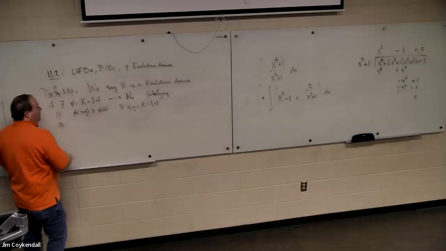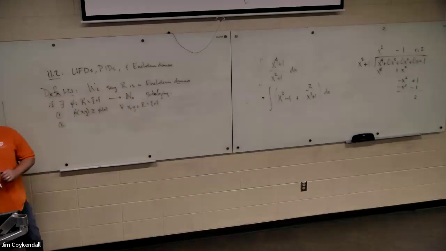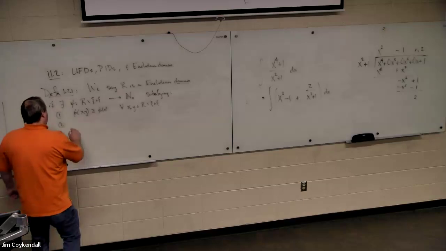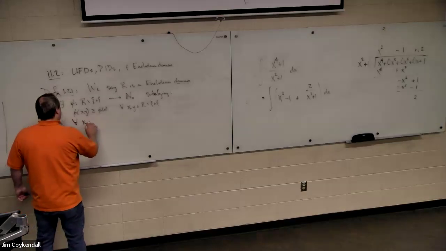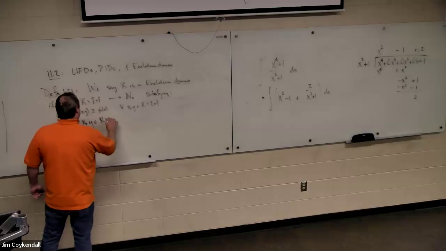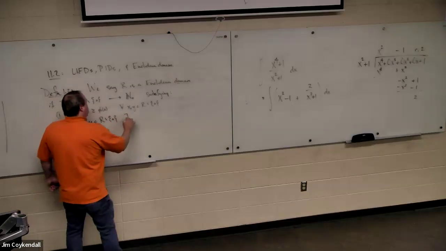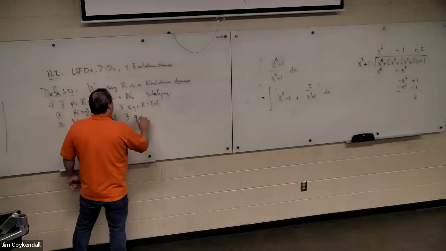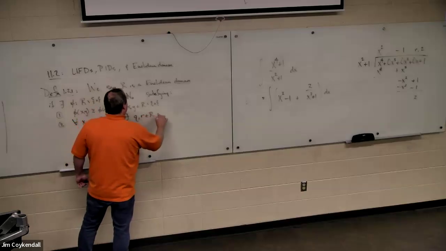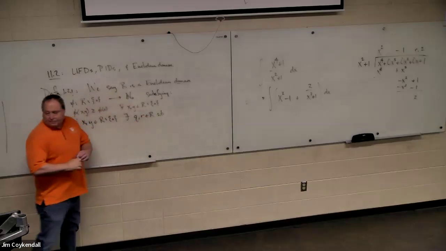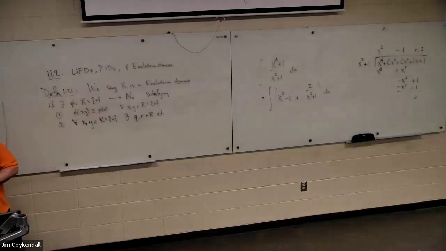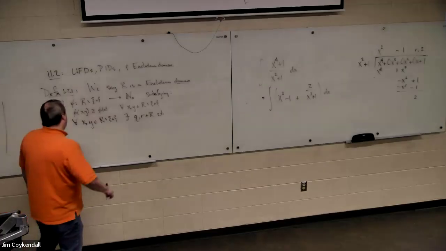And number two, here's the Euclidean part. For all x, y in R minus zero, there exists a q and r such that y is equal to qx plus r.